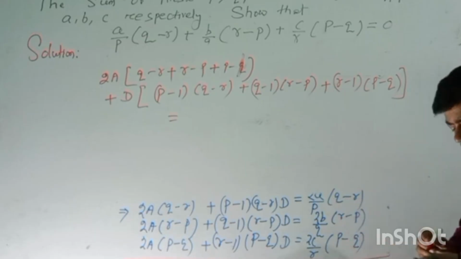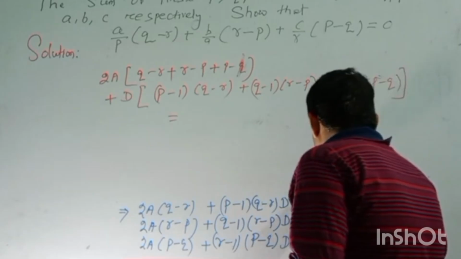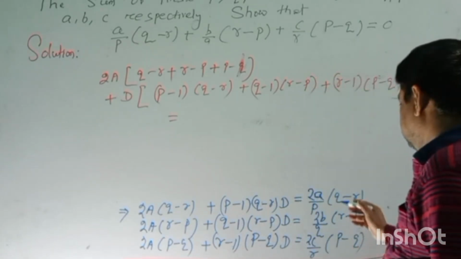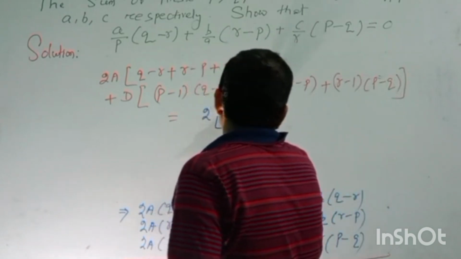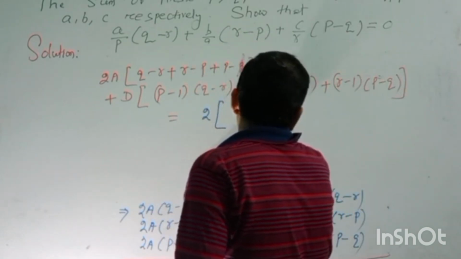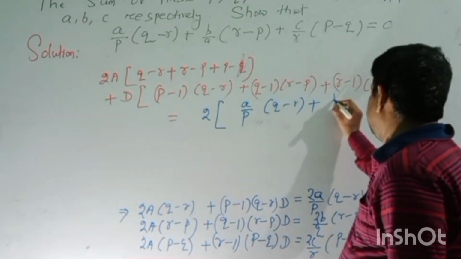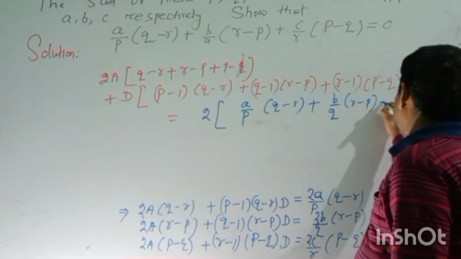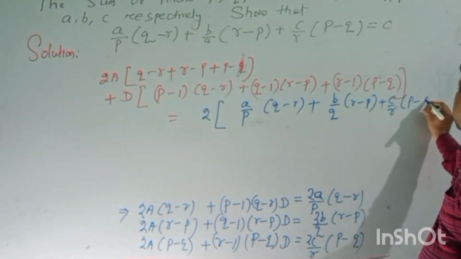You have to add that also. If you see carefully, 2 is the common factor here, so you have to bring the common factor out. Understand? So if you bring 2 out as the common factor, it will be a by p times (q − r) plus b by q times (r − p) plus c by r times (p − q).